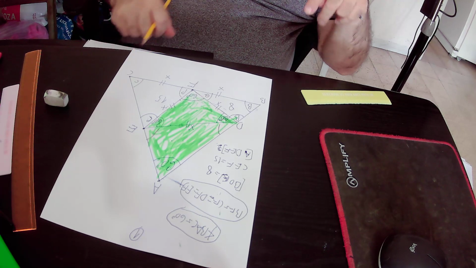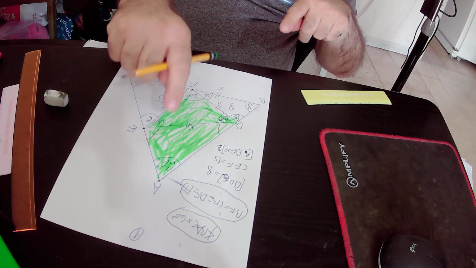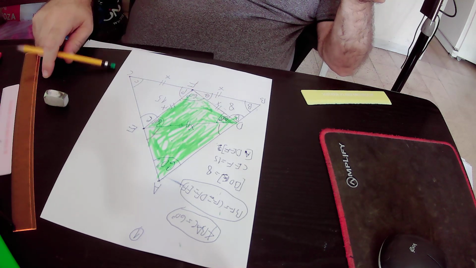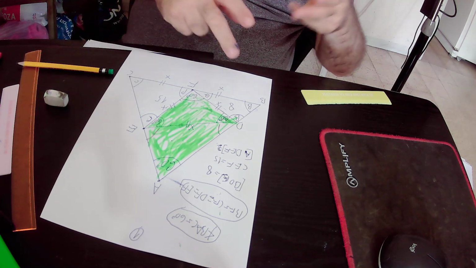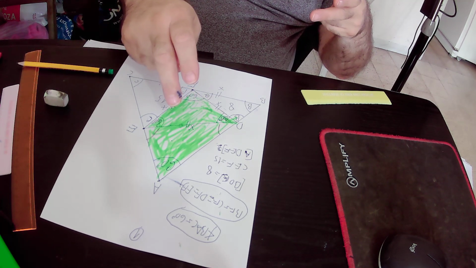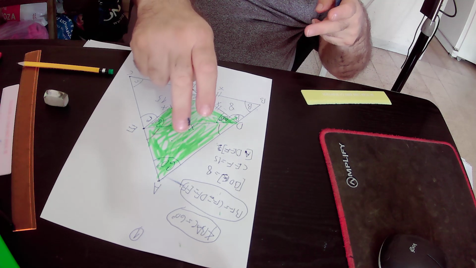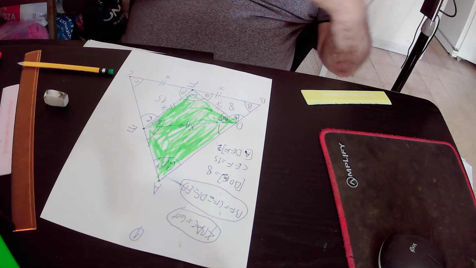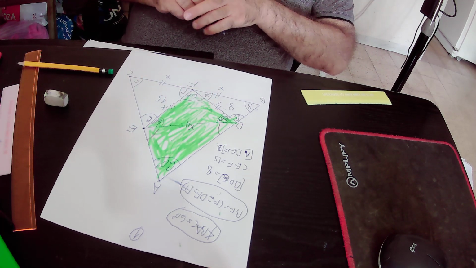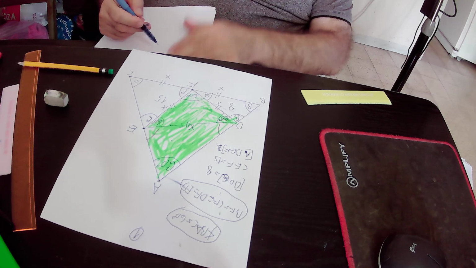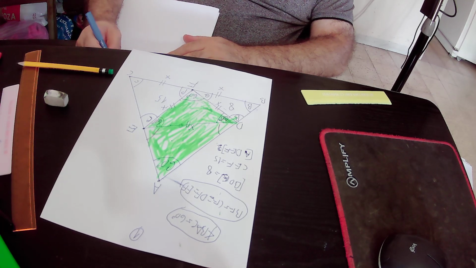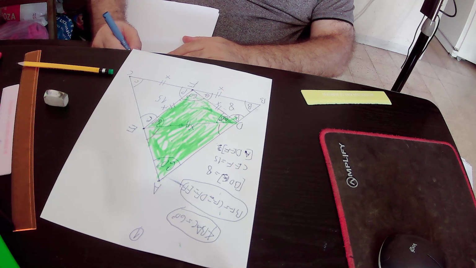Again, AB is one of the sides of triangle ABC, therefore AB is a straight line. Okay, so I write down that AB is a straight line.